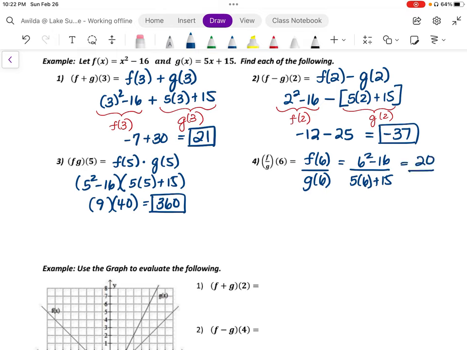In the denominator, we have 5 · 6, which is 30, plus 15, which gives us 45. So after reducing, we get 4/9. So adding, subtracting, multiplying, and dividing functions is equivalent to doing those same operations after substituting the given value of x.